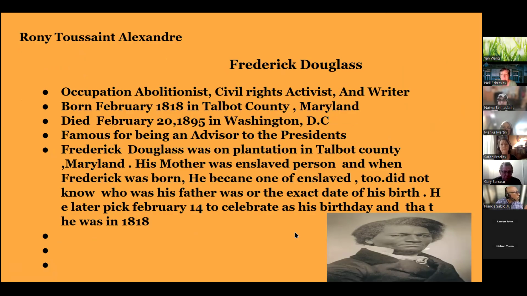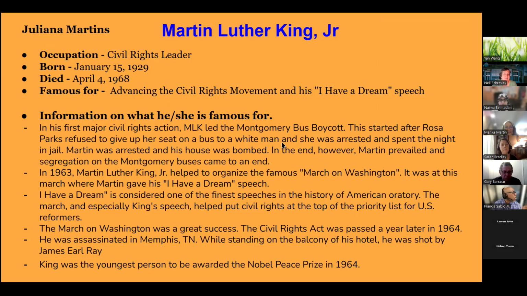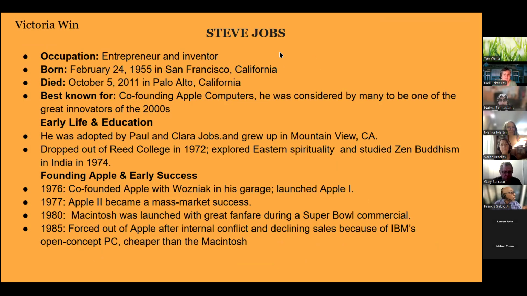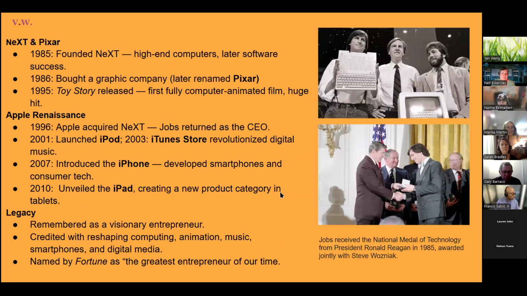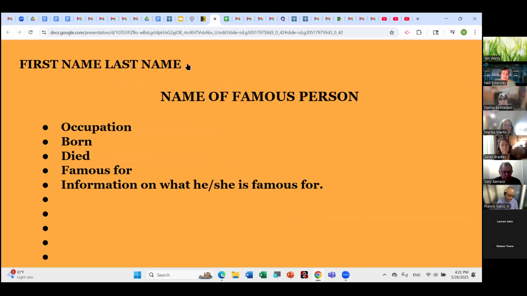And I said, if you watch my video, I think you could add a picture of Frederick Douglass. So he did. So I was really happy about that. And then I think I did add some. And then Juliana did it on Martin Luther King. Victoria did it on Steve Jobs. But anyway, that's the end of that presentation.